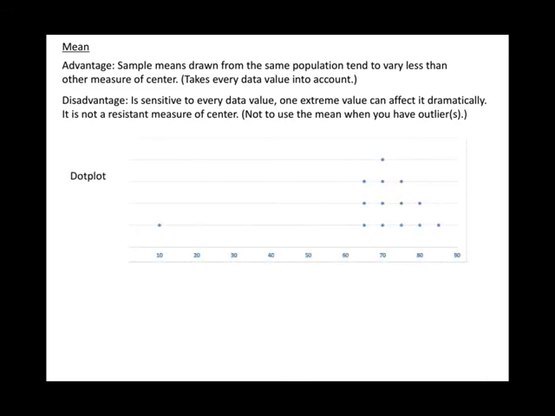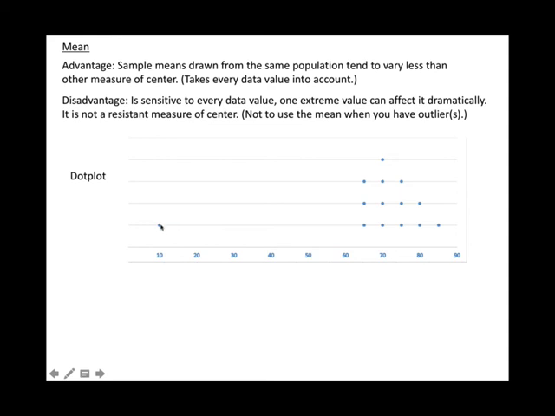So look at this dot plot. You could see all the data is within 65 to 85 here. But I only have one data point that falls at 10. So we believe this data point will be our outlier. If I want to calculate the sample mean using this data, we're gonna add from the 10, 65, 65, 65 until 85 and then divide by the number of data. But because of this outlier, it will affect our sample mean.